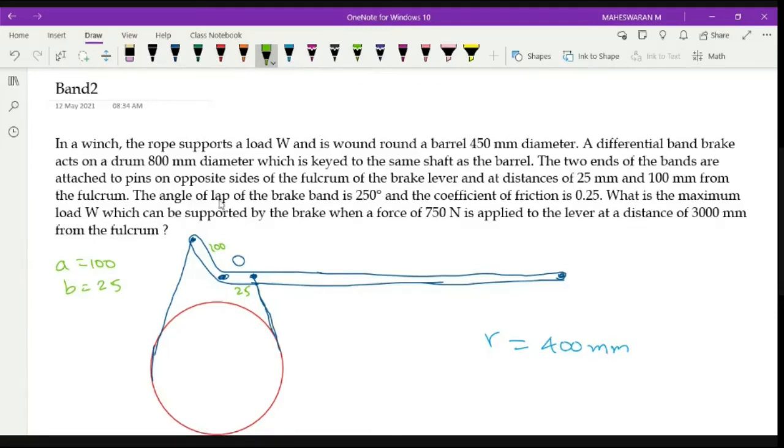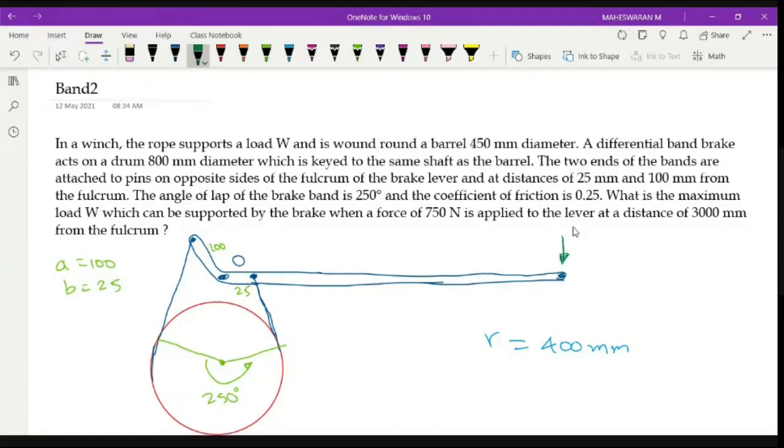Then the angle of lap of the belt is given, which means the contact from here to here is around 250 degrees. The coefficient of friction is also given, so all these things are given. They ask what is the maximum load W that can be supported by the brake.